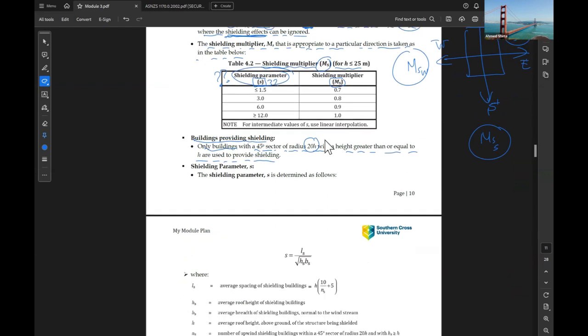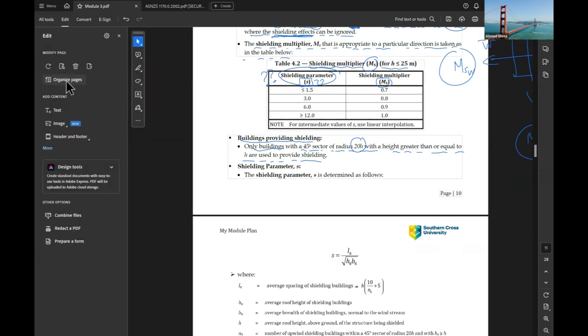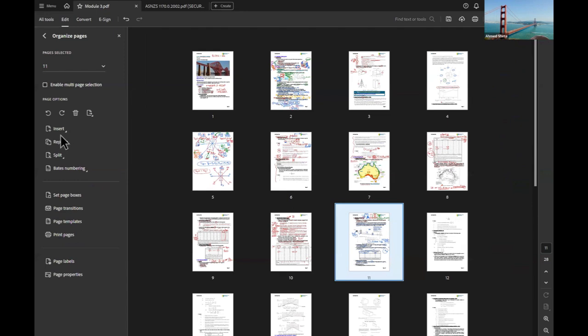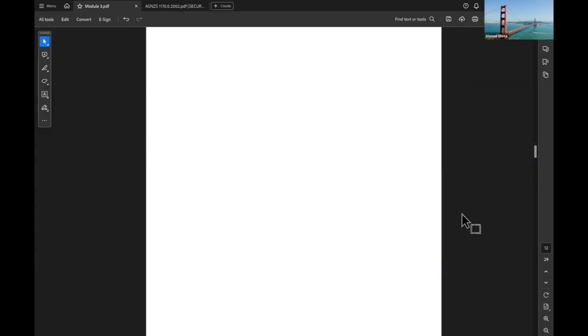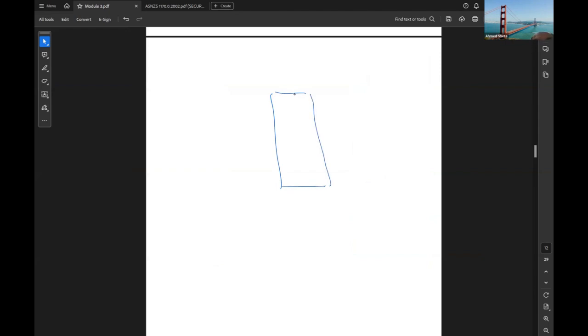So this means that we look here. If we have a building, again, we have direction.